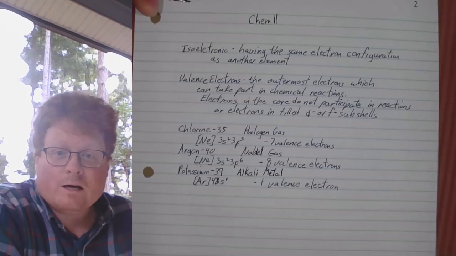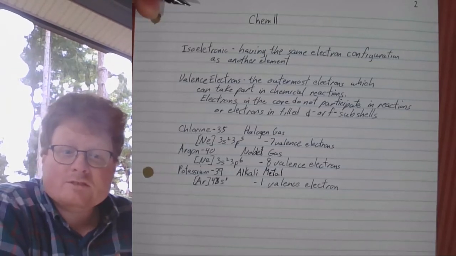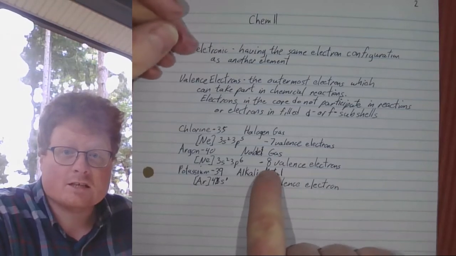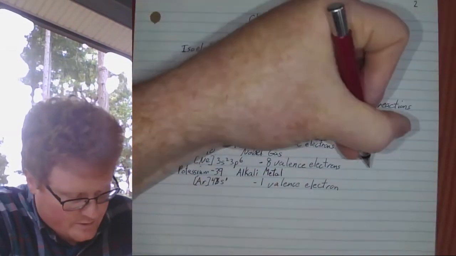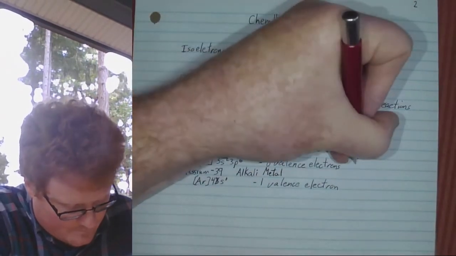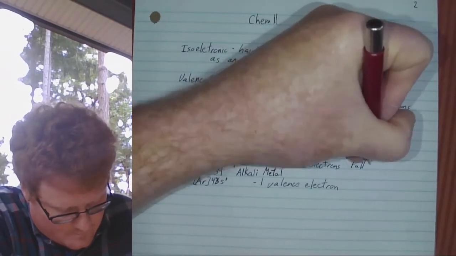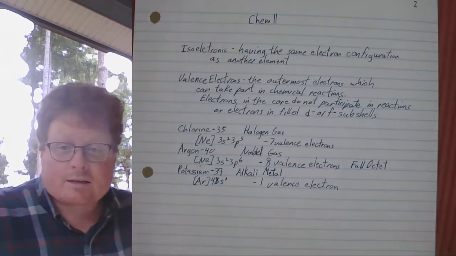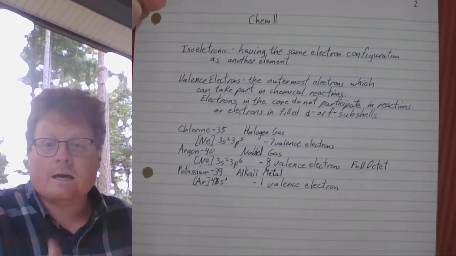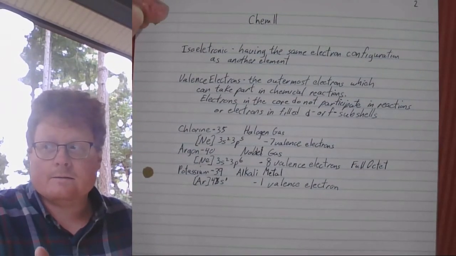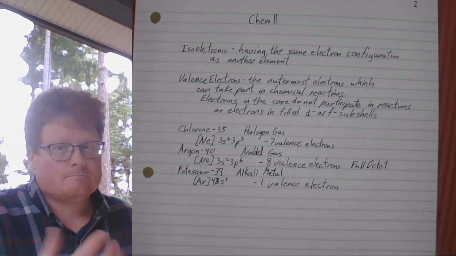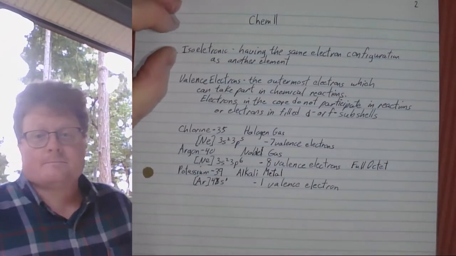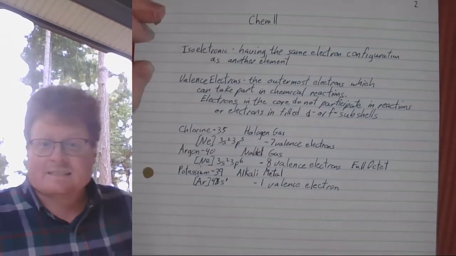Noble gases. Why are noble gases so stable? They're very unreactive. They're so stable because their valence electrons are filled. They have what's called a full octet. Think of octopus, octagon, octahedron, 8 sides.